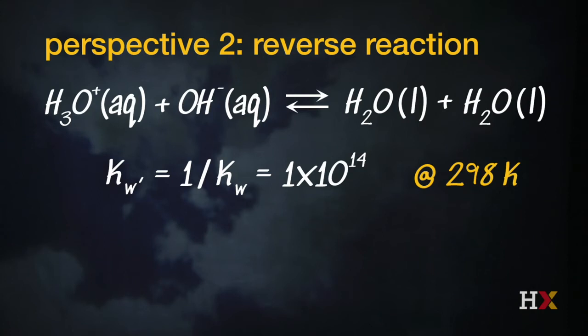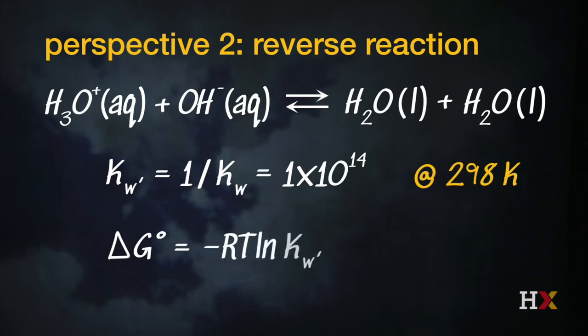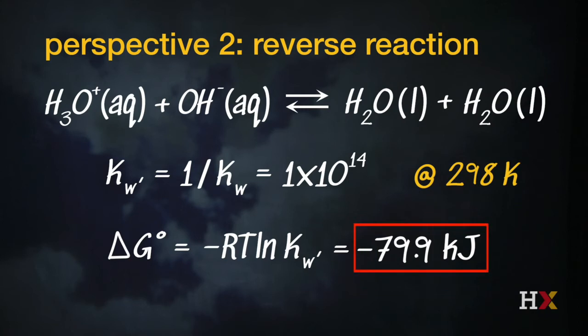But we can calculate the change in Gibbs free energy. That's equal to minus RT times the log now of Kw prime. And when we do that calculation, we have a change in Gibbs free energy for the reaction of minus 79.9 kilojoules. That is a very large negative free energy change in that reaction. So let's track this then.